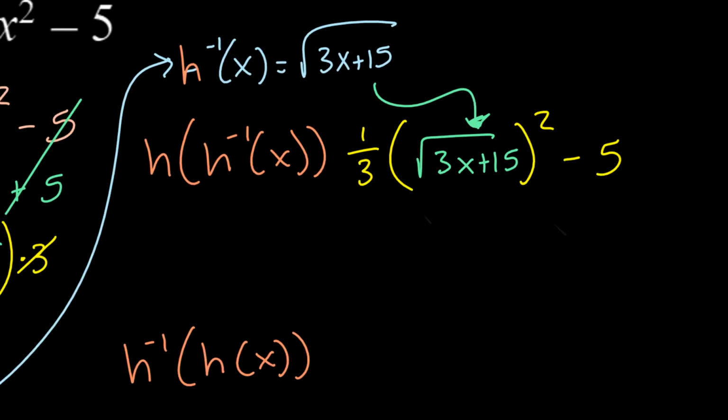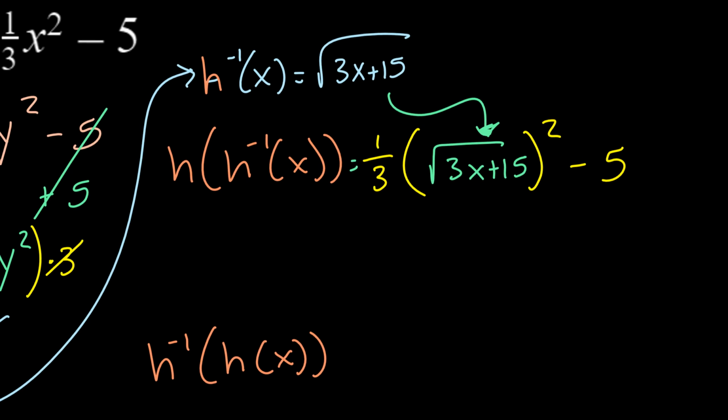Now what do we do to solve this? Or to simplify this, I should say. What do you think we do first here? Look, this is the square of a square root. What happens? They cancel.